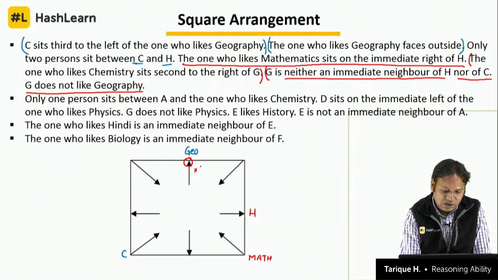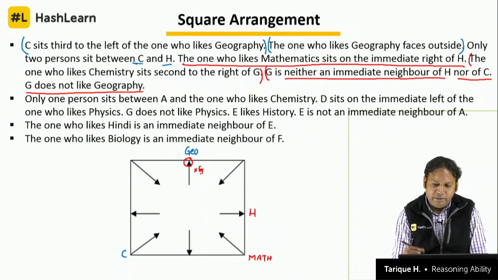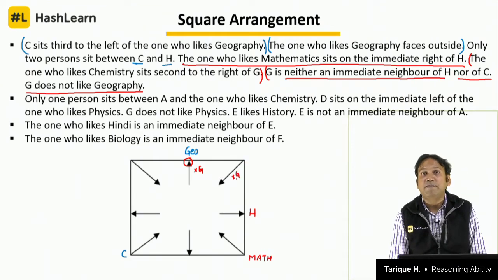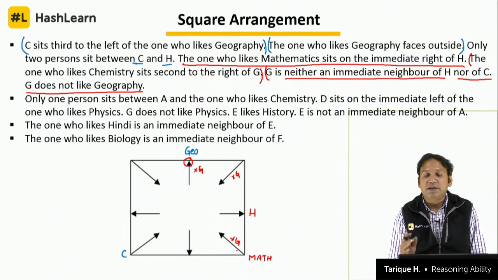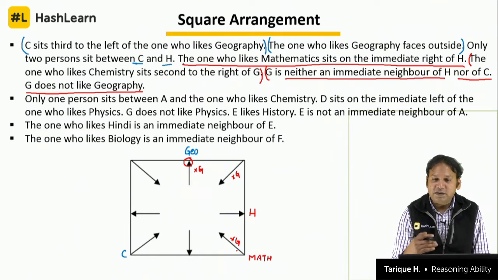So G does not like geography, and G is neither an immediate neighbor of H nor of C. So G cannot be next to H. So that means G cannot be here in this particular position, and G cannot be here in this particular position. Okay. So G is neither an immediate neighbor of H nor of C.